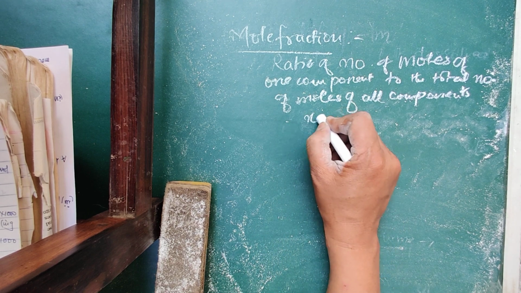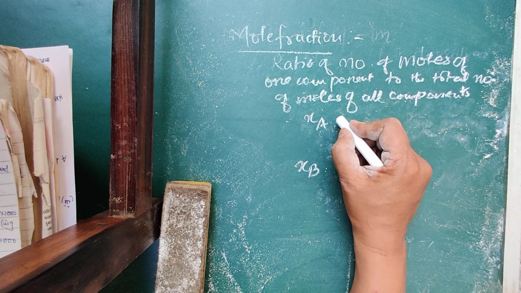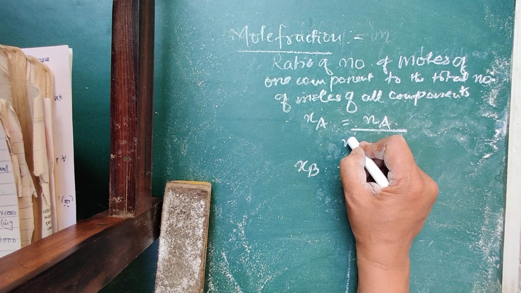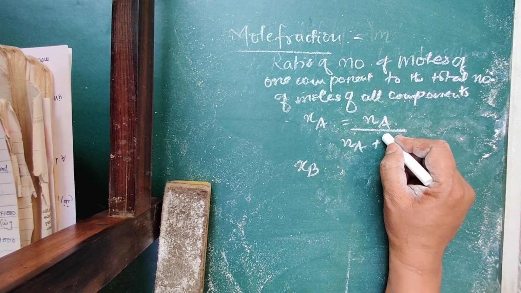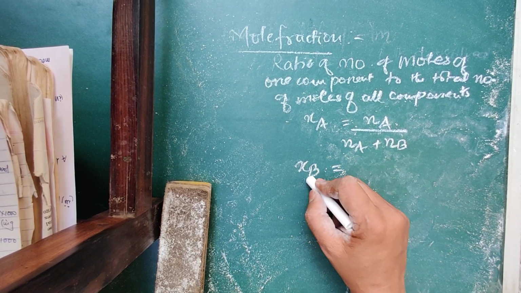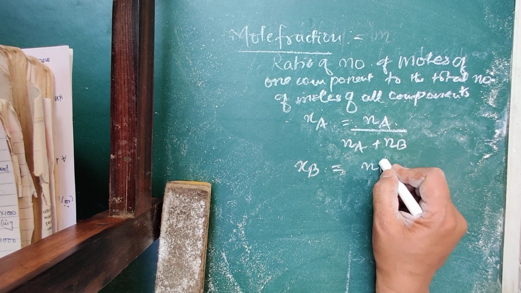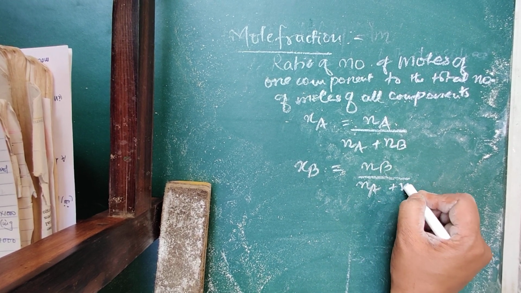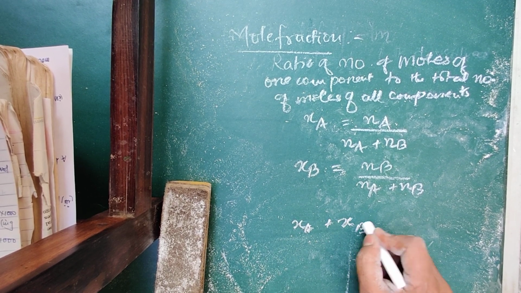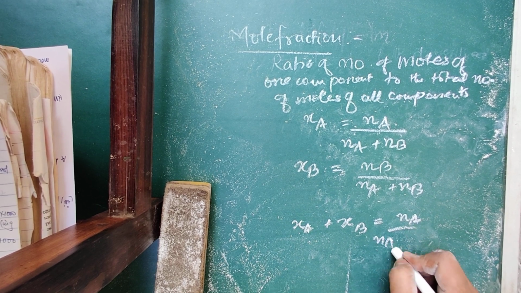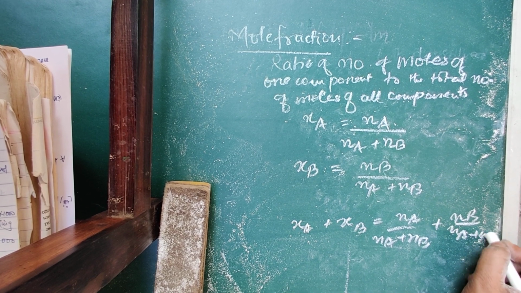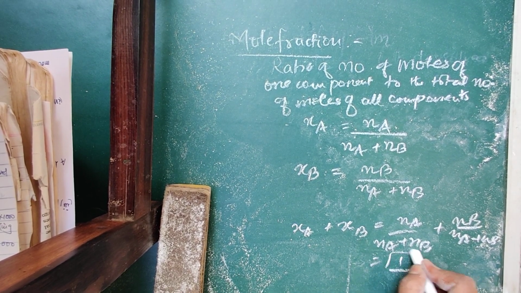So for a binary solution, if you have two components with mole fractions XA and XB, and the number of moles is Na for component A, then the mole fraction for A will be Na upon Na plus Nb. The mole fraction for component B will be Nb upon Na plus Nb. And for a binary solution, XA plus XB will be equal to Na upon Na plus Nb plus Nb upon Na plus Nb, and this is always equal to 1.